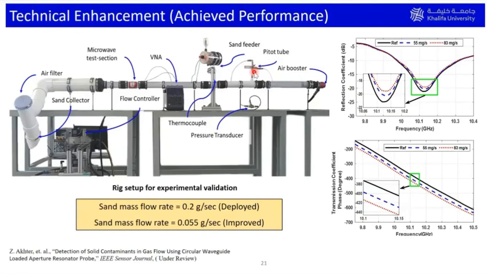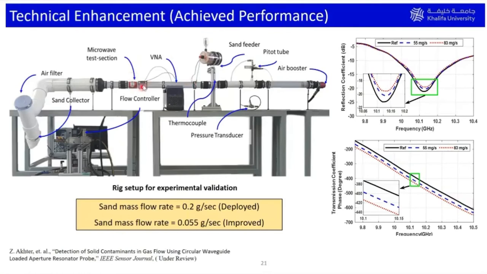This is called a pitot tube, which measures the velocity of air and also measures the temperature. Similarly, we have this feeder, where we are feeding sand to have a mixture of air and sand, to emulate conditions similar to gas and black powder. Right now we are considering air and very fine sand. So it gets well mixed and it is flowing.